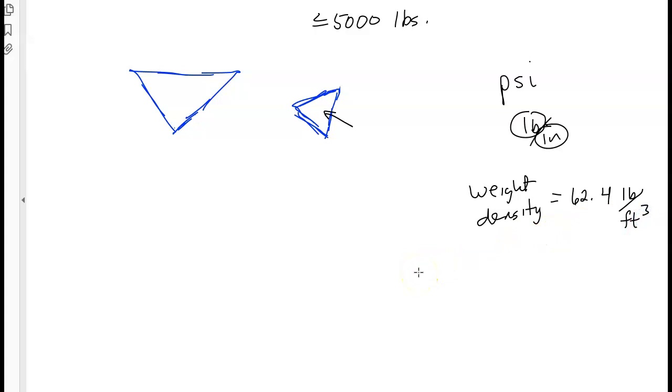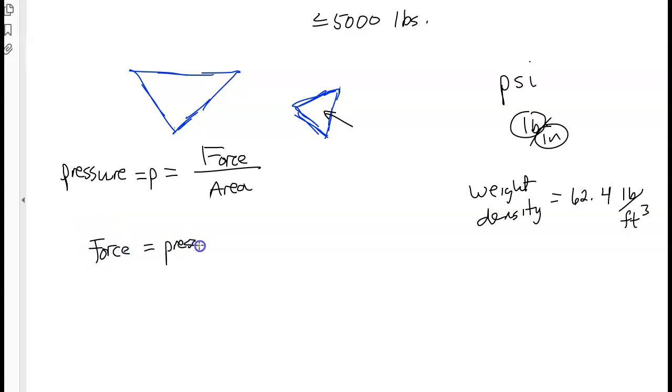And since we know by definition that pressure, and we'll just call this P, is force divided by area, or force per unit area, then we also know that force can be expressed as pressure times area.